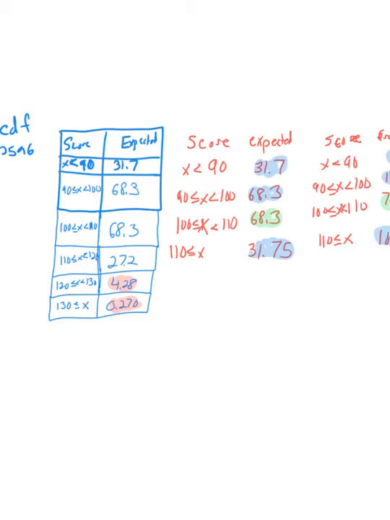All right, once you get that all in, now you can do your chi-square goodness of fit test. You have to know your degrees of freedom first, so we got 3 there. And bam, we get our chi-squared.